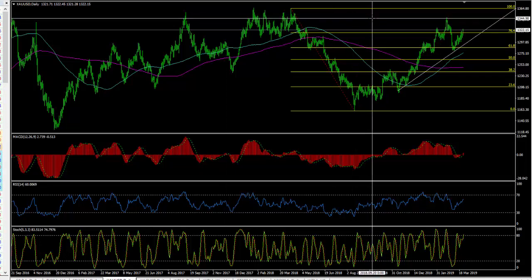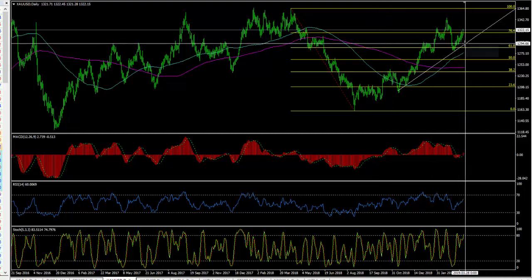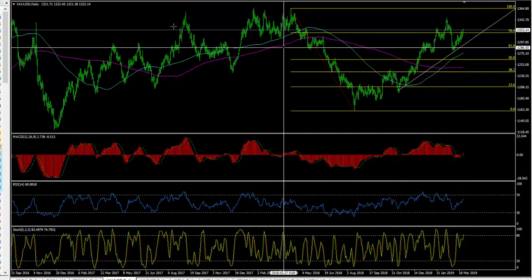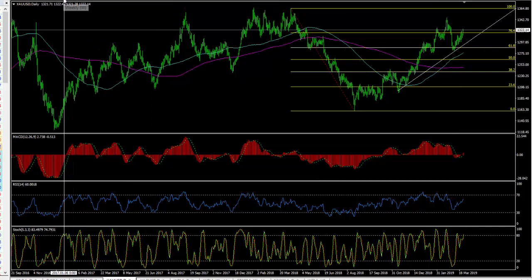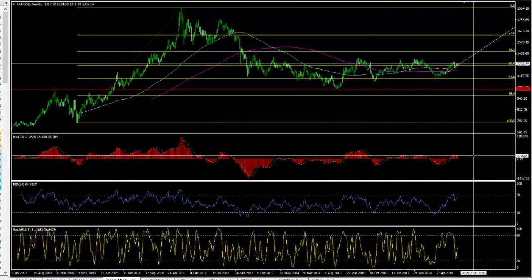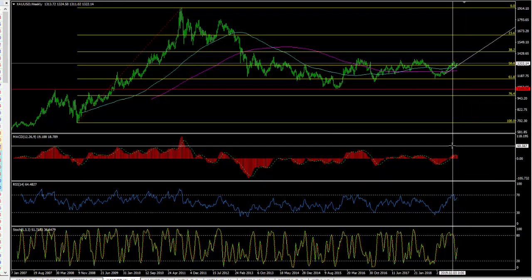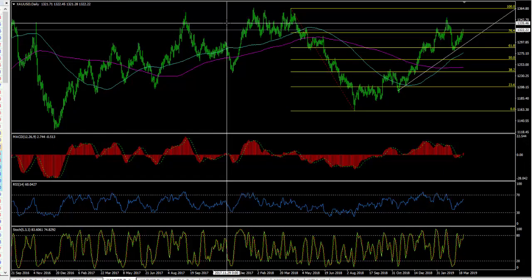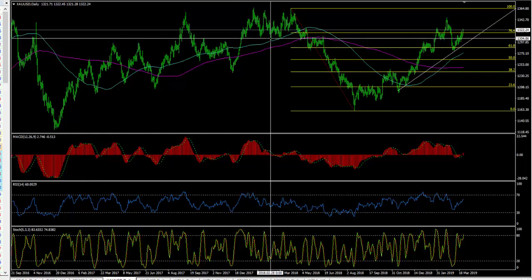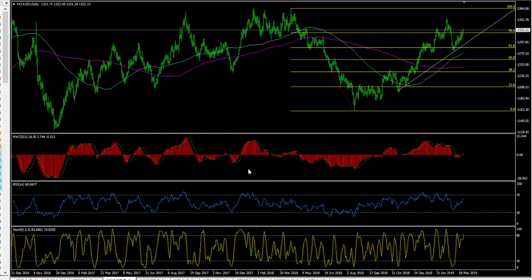I don't really think it's going to get there, to sort of 13.45 or so, and it wouldn't surprise me to see a run back down here to sort of 1300. But essentially, it's choppy with a mild daily upside bias in the dailies. The weeklies are pretty flat, so I think it's just going to remain choppy. And today, essentially, probably a range trade between sort of 13.30 and sort of 13.15 or so.